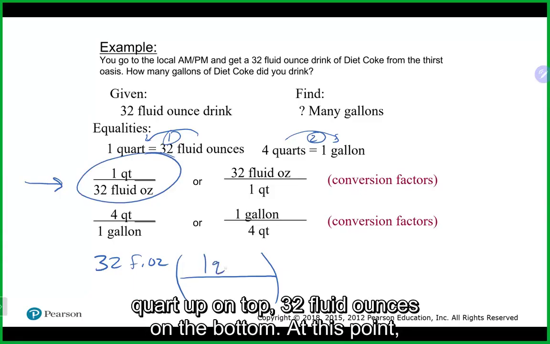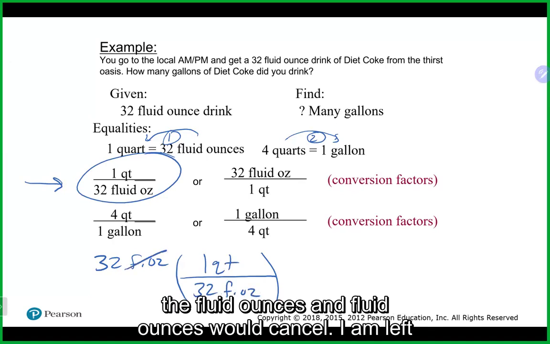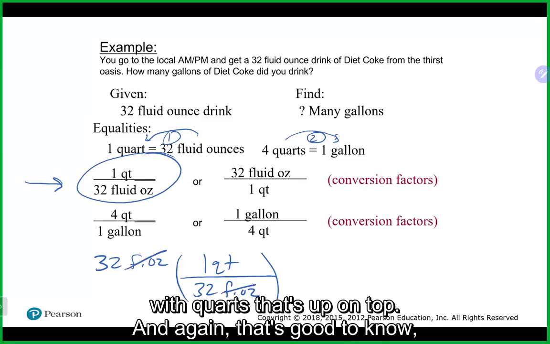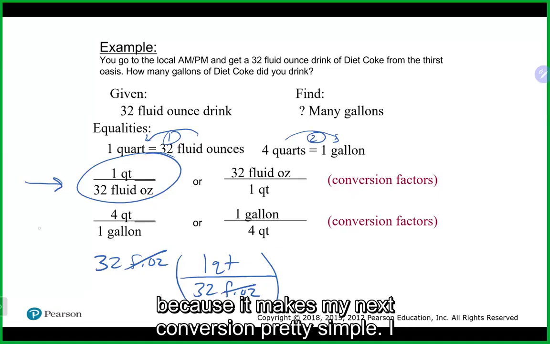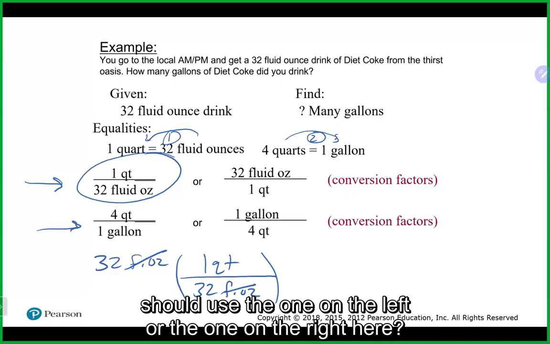So 1 quart up on top, 32 fluid ounces on the bottom. At this point, the fluid ounces and fluid ounces cancel. I am left with quarts up on top. And that's good to know because it makes my next conversion pretty simple. Should I use the one on the left or the one on the right here?